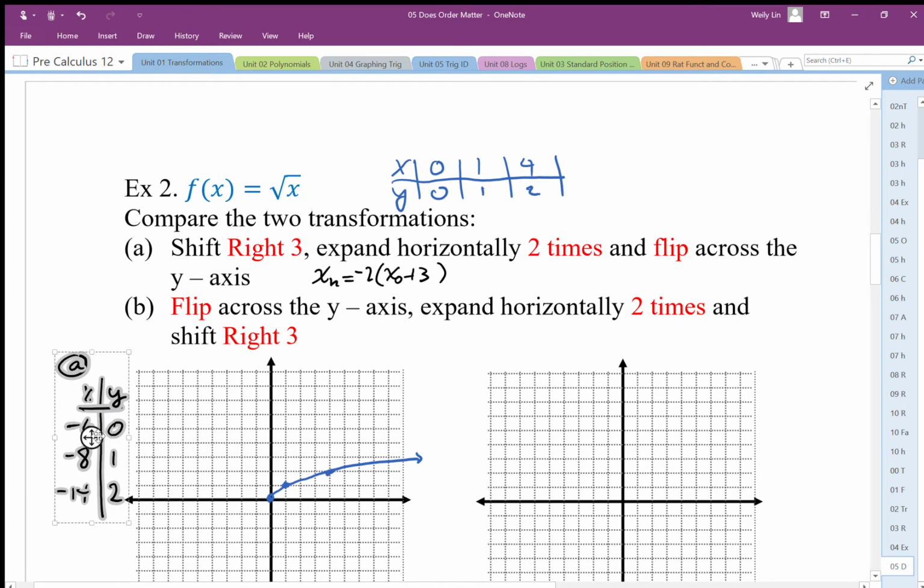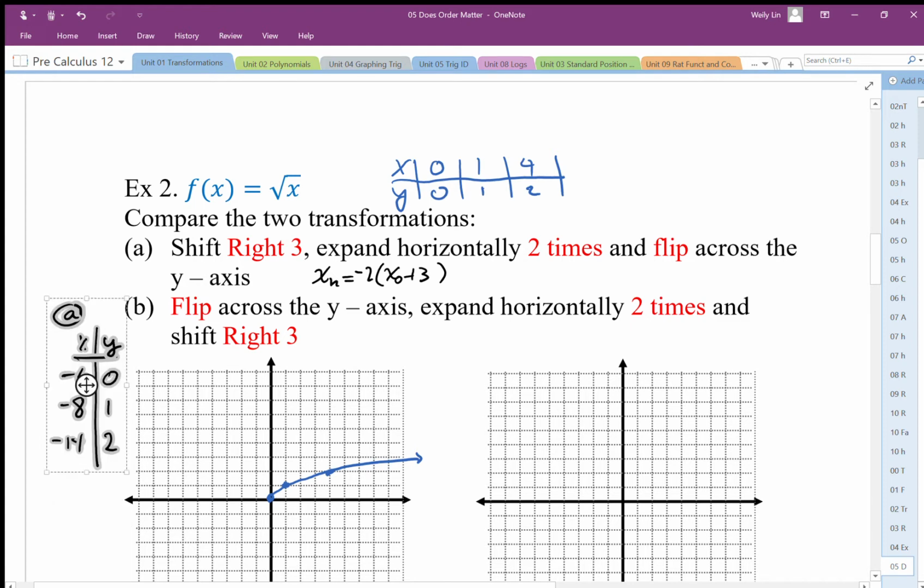Okay, let's graph this. I'm just going to shift my table up a bit so I can fit my graph in. So I'm going to have my graph at negative 6, 1, 2, 3, 4, 5, 6, 0. That's my vertex. Negative 8, 1: there's my point. Then 9, 10, 11, 12, 13, 14, and 3, somewhere about 14, and 2, somewhere about there.